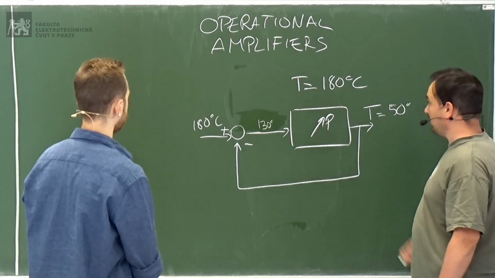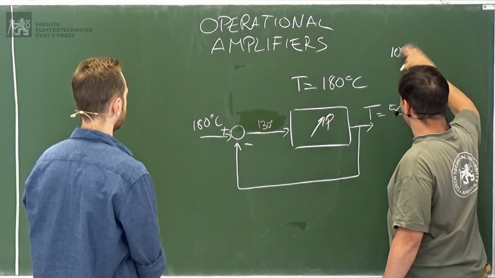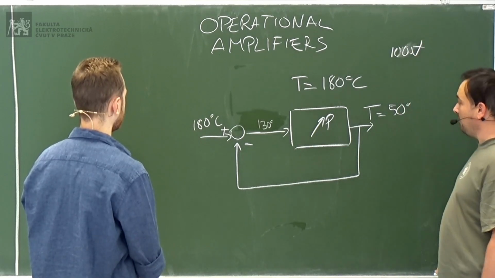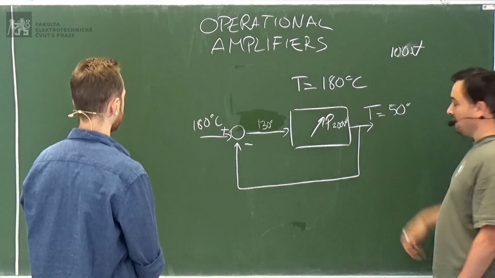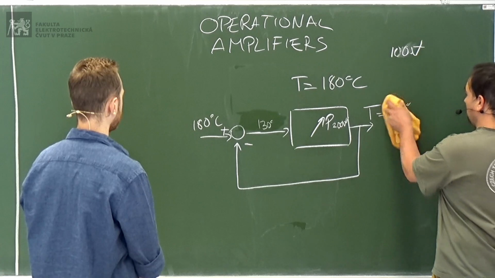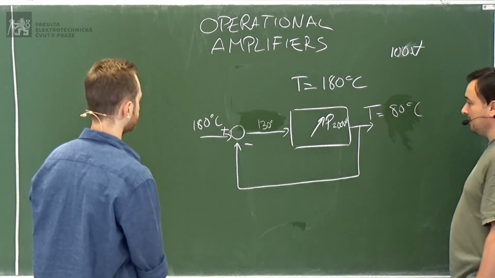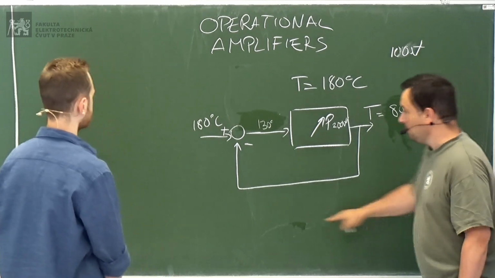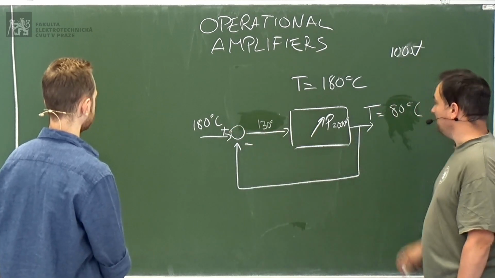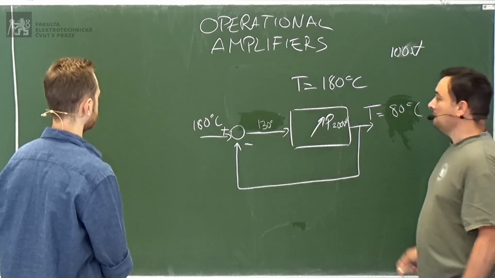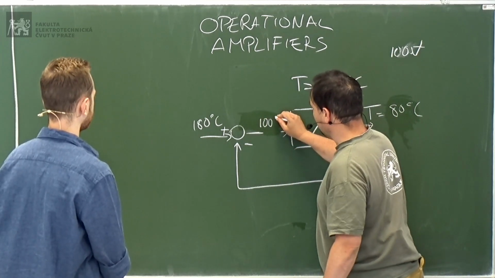It means that I have to increase the power. So instead of giving 100 watts, I give 200 watts. Instantaneously, the temperature will go to, I don't know, 80 degrees. I bring it back and say, okay, I want 180, I have 80, so the difference is 100 degrees.